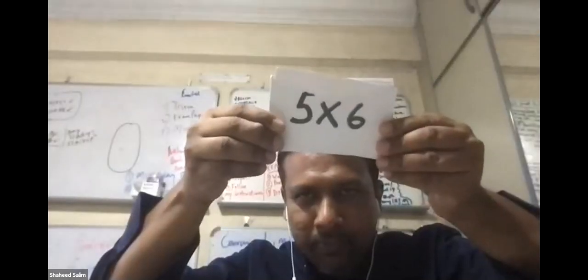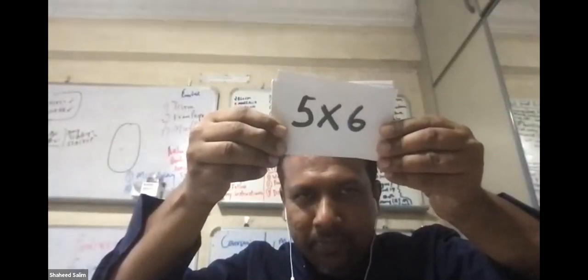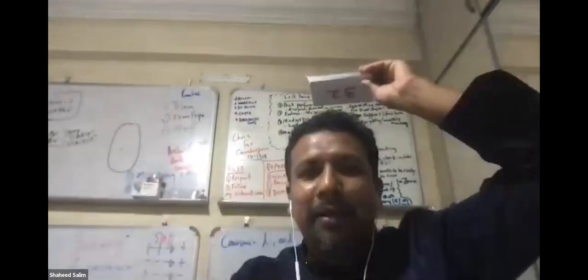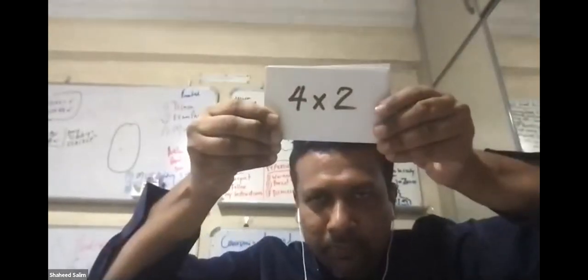And ready? Hold on. Let me check. It's fun. Ready? Go. 30. Raidi says 30. Okay, don't off your mic. Ready? Go. 8.